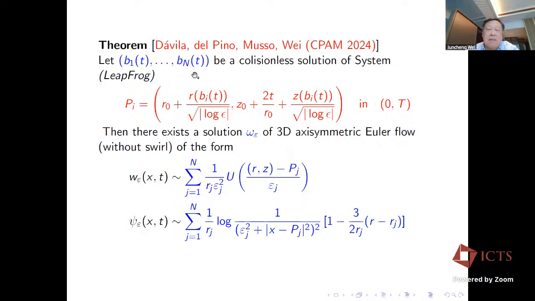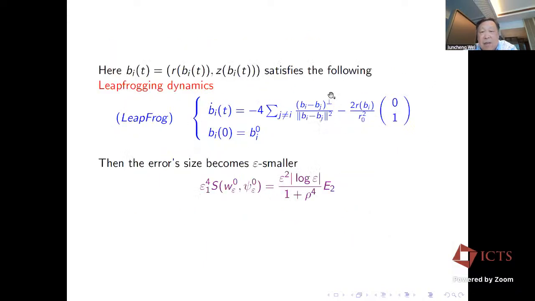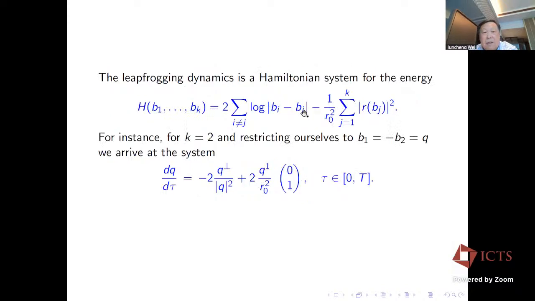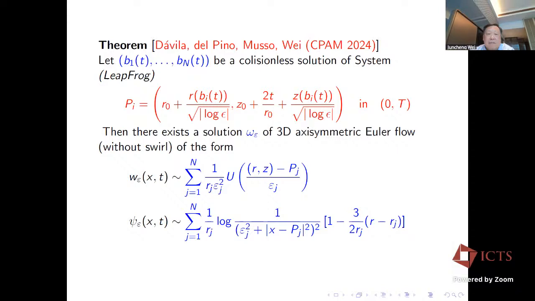Our result says the following: if you have a collisionless solution for the leapfrog dynamics, which is this one, suppose up to some time t there's no collision, so B1 and B2 don't collide, then we find a solution to the 3D axially symmetric Euler flow without swirl of this type.